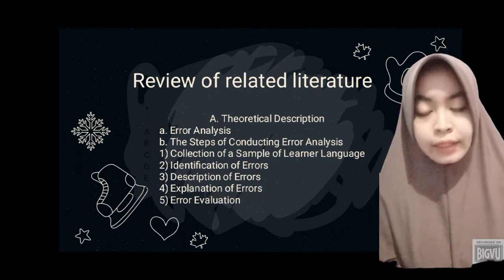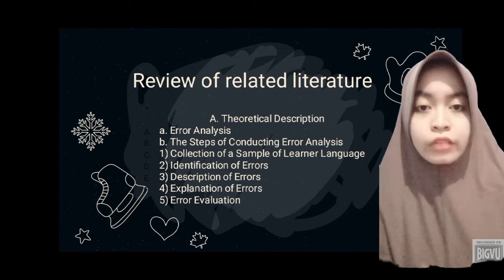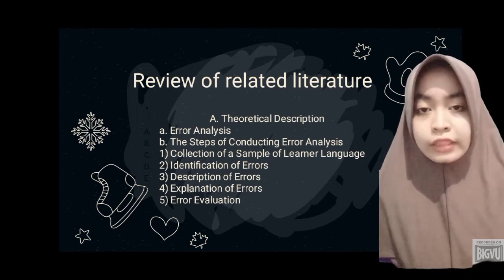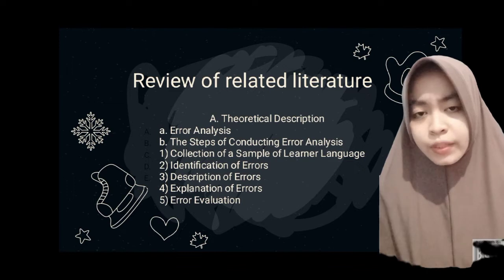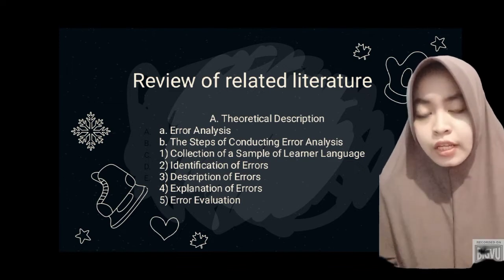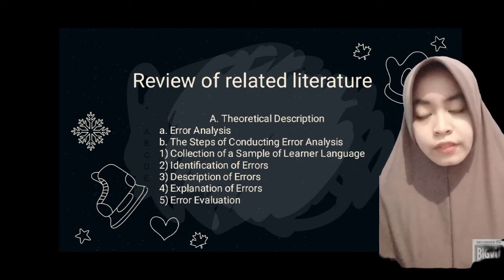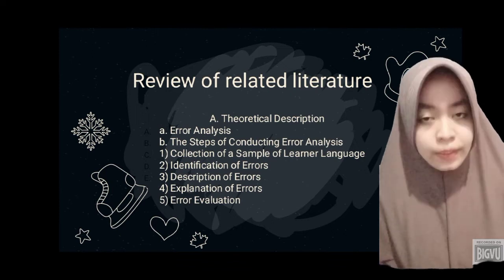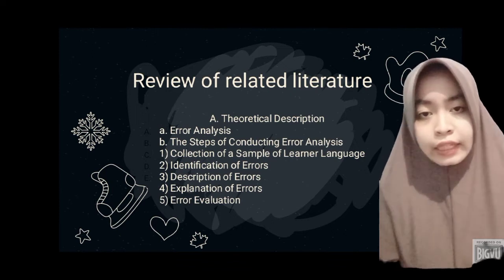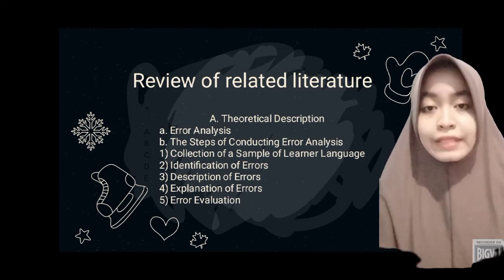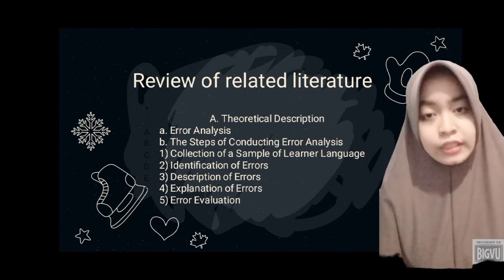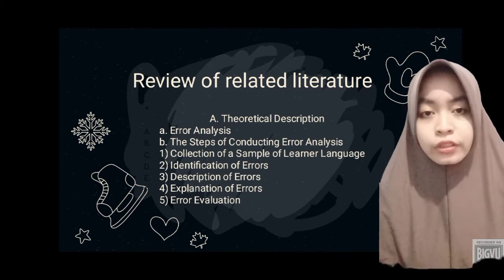And for the steps of conducting error analysis. By conducting error analysis, defining errors is becoming an essential part. According to Corder 1974, there are the steps that follow, as cited in Ellis and Barkhuizen. The first one is collection of a sample of learner language. This step provides the data for the error analysis.